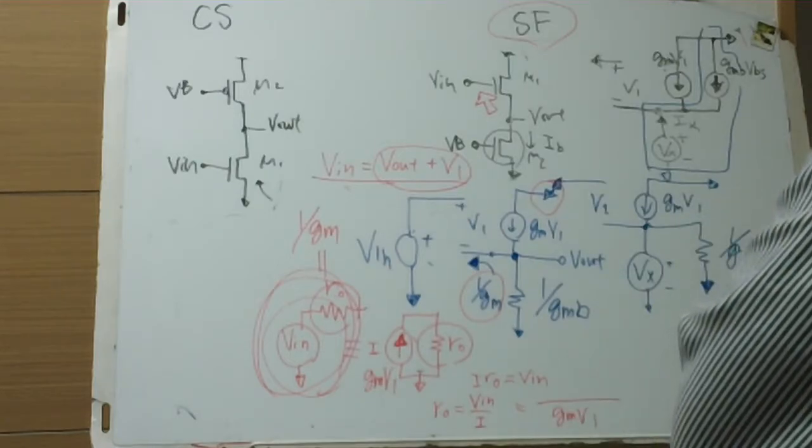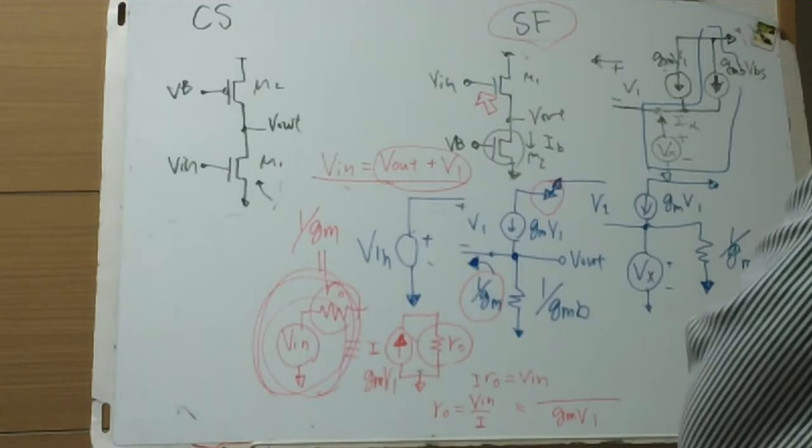Finding the resistance looking at the source, with V equal to 0.